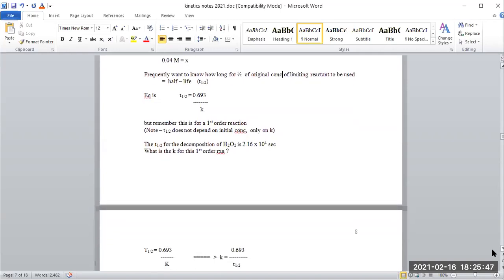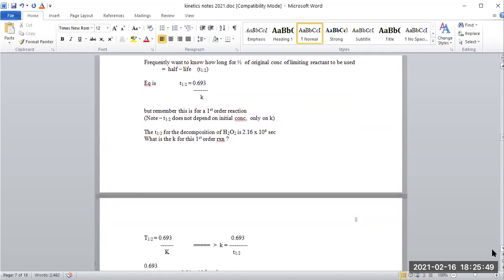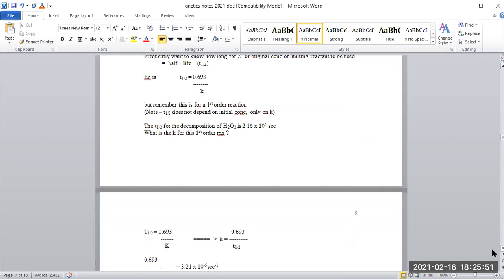So remember that hydrogen peroxide reaction that we were looking at way back at the beginning of the chapter. One of the things we said was it took that really weird time unit, 2.16 times 10 to the 4th seconds, for it to go away by half. Well, if I know the T1/2, I can actually find my k.